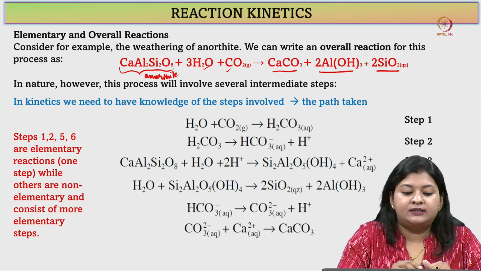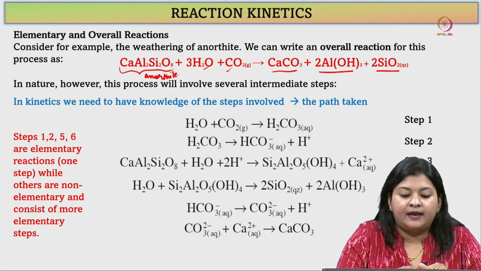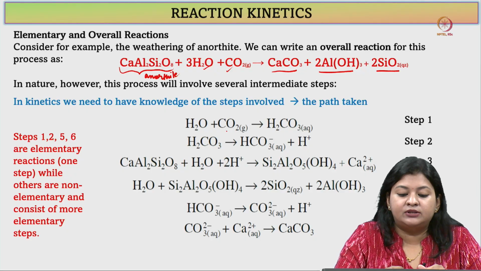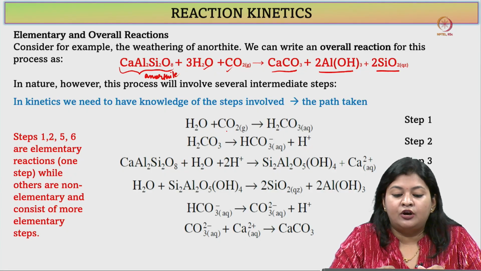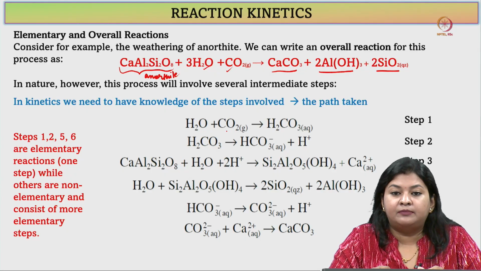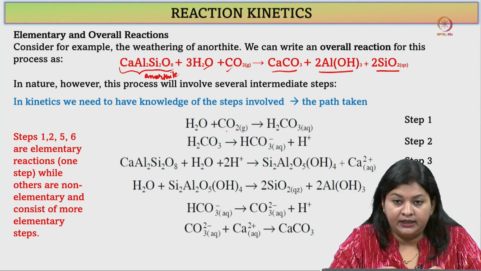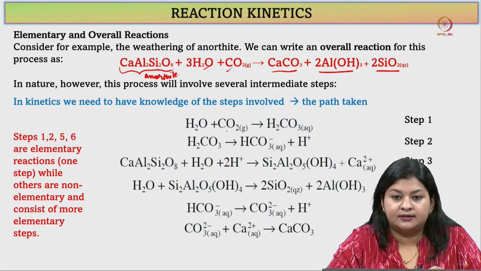The first thing that we are going to write is H2O plus CO2 gas. The CO2 gas will dissolve in water to form carbonic acid, H2CO3. Now, this H2CO3 again is not stable; it will break down into bicarbonate and H plus ions.